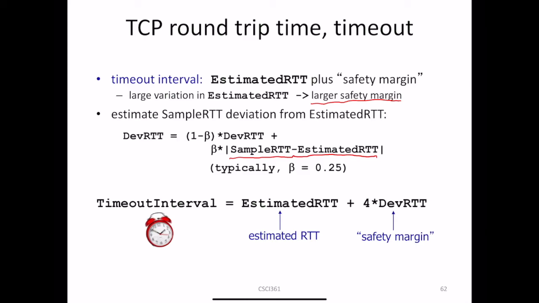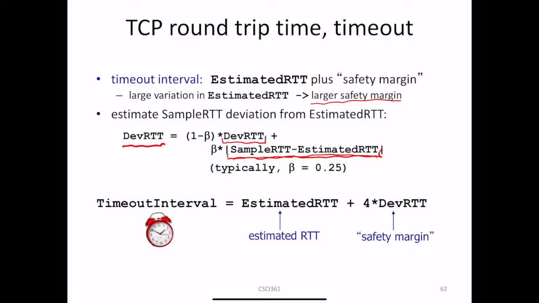To calculate the estimated deviation round trip time, we use the same trick, the exponential weighted moving average, based on the current deviation round trip time and the previous estimated deviation round trip time.